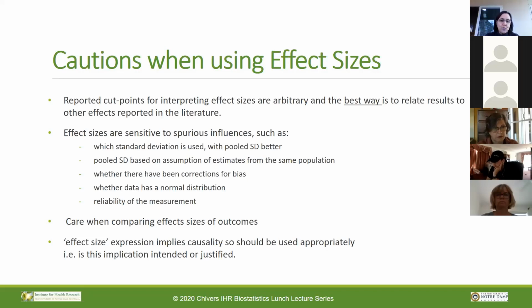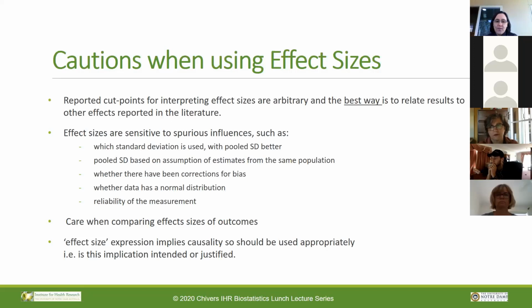The other thing, which is probably a little confusing, is that effect size can imply causality, but it doesn't necessarily mean that your study design had an effect. So when you're using effect size to describe your results, you need to be careful that you don't imply causality by the way you phrase your sentences.